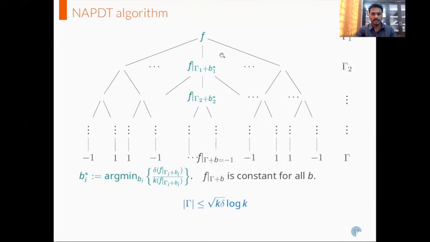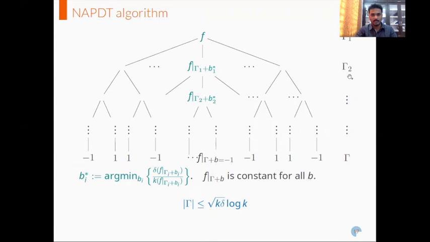Form a complete binary tree, and look at all the functions in the second level. Among those functions, pick the function which has the smallest delta by k ratio. Let's say that is this green function. On that function, apply Chang's lemma and get gamma 2.